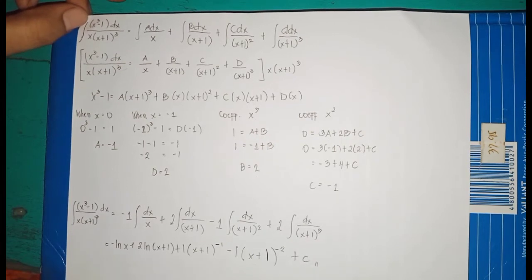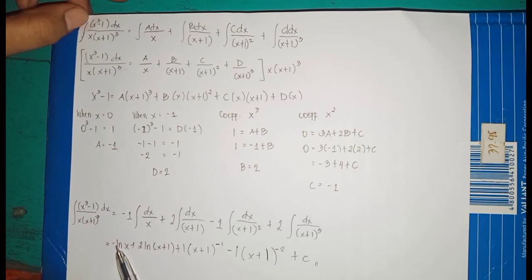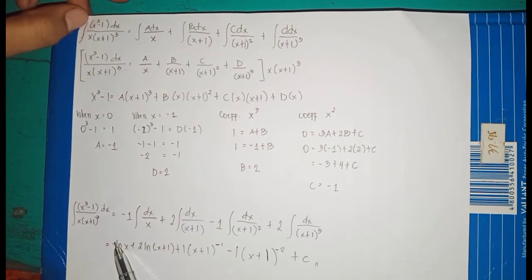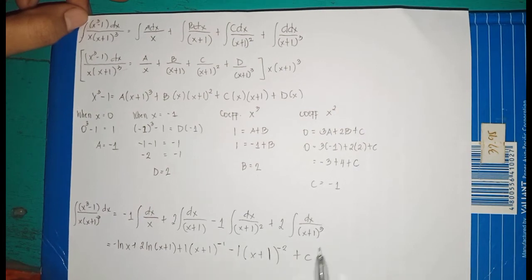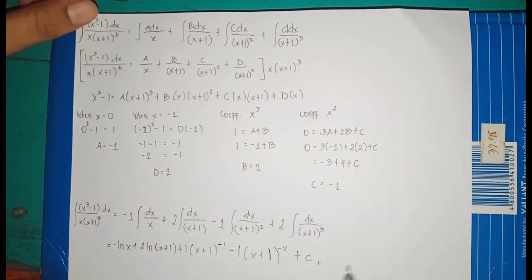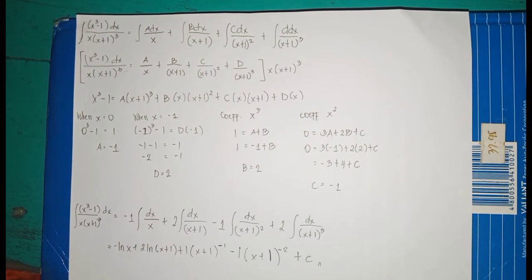So our final answer will be negative because we have negative 1 here. So this will be considered as having a 1 here. So negative ln x plus 2 ln x plus 1. And then positive 1. Starting from this, the sign changes because we use the general power formula.